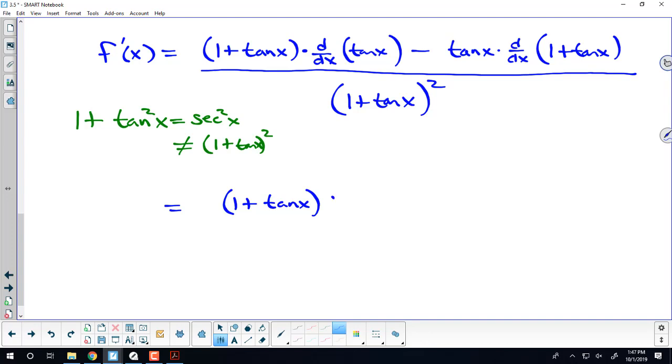Secant squared. Derivative of tangent is secant squared. Minus tangent. What's the derivative of 1 plus tangent? It's just secant squared, right? Because the derivative of the 1 is 0 plus the derivative of tangent is secant squared.